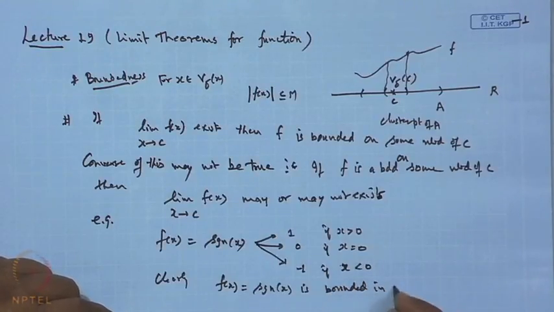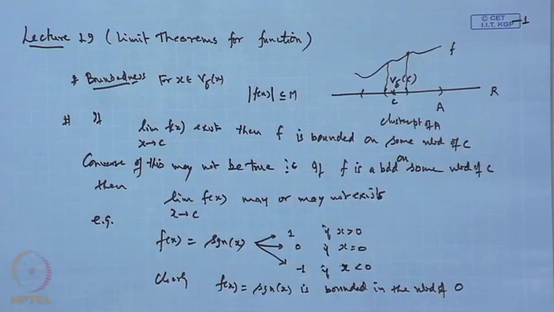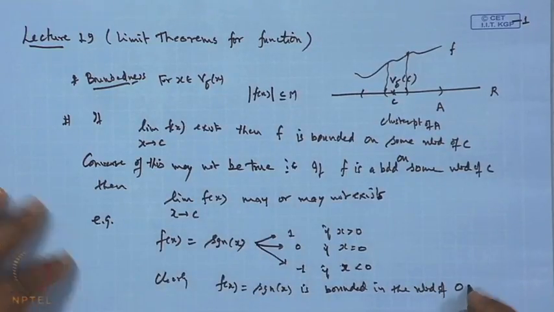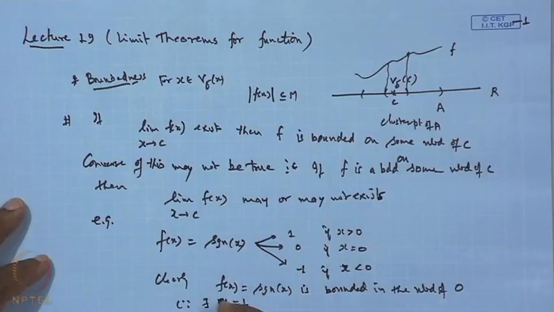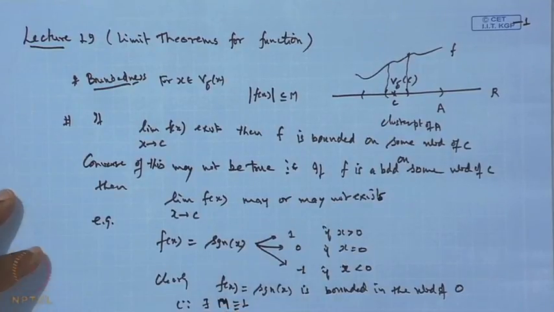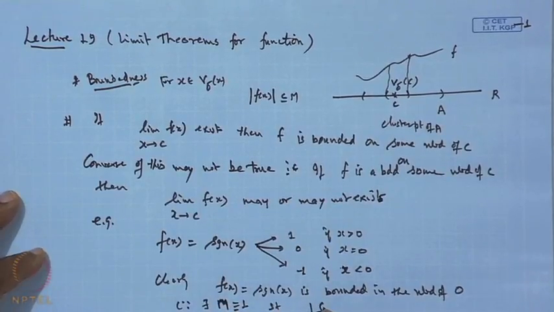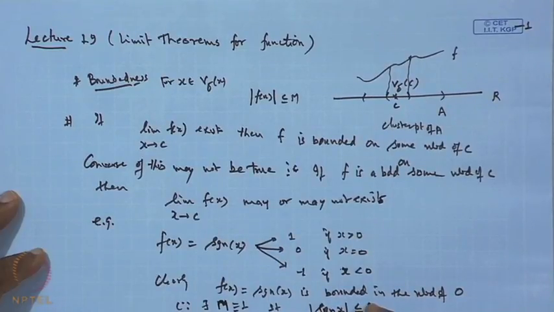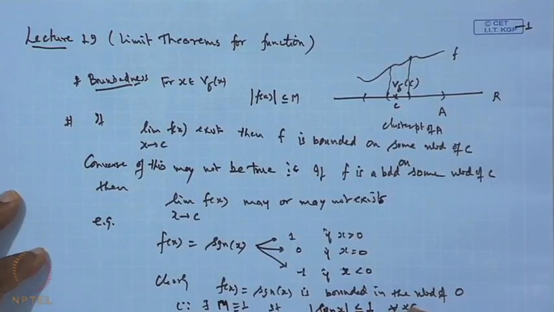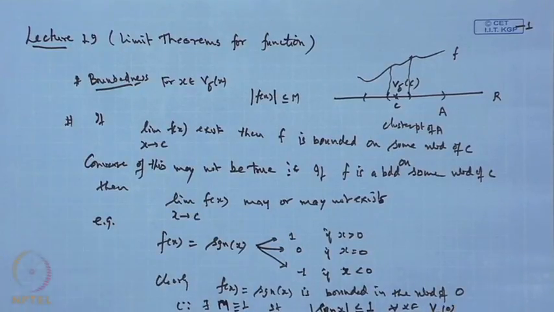It is bounded in the neighborhood of 0, because we can identify m: there exists an m, say equal to 1, such that the value of signum x will always remain less than or equal to 1 for all x belonging to the delta neighborhood of 0.